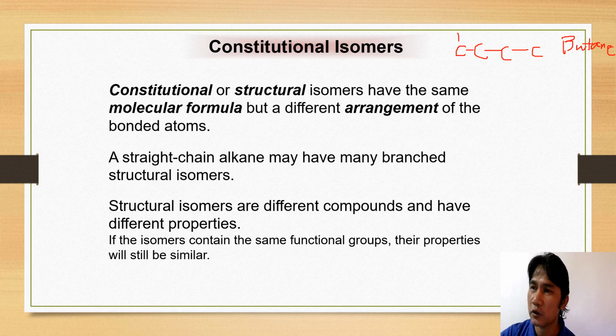This is butane, and of course you put the hydrogen atoms there. I will not draw the hydrogens, I'll just put bonds; the line corresponds to a hydrogen atom. So here you have a linear butane, or simply if it is linear, we call it n-butane.